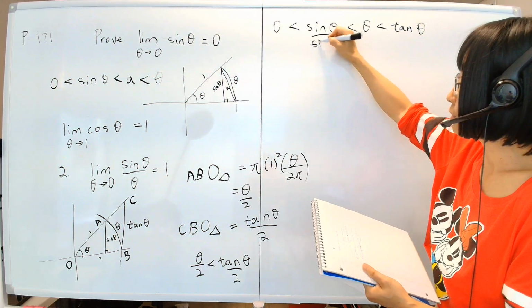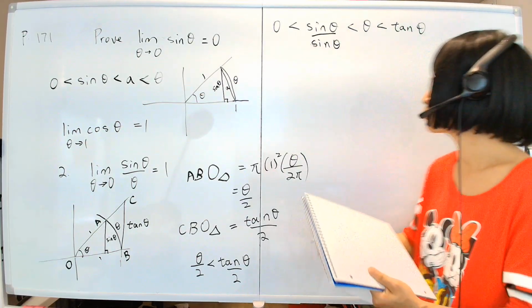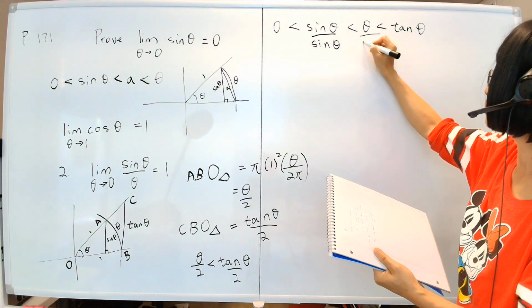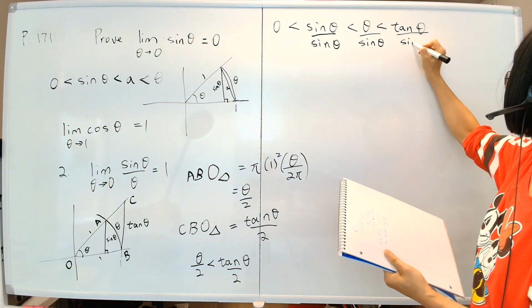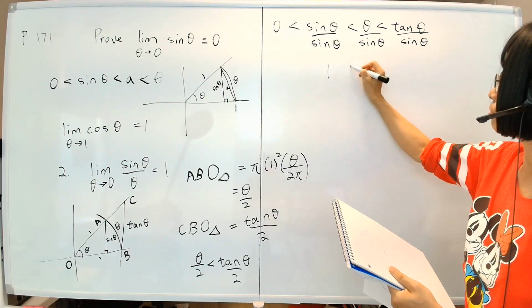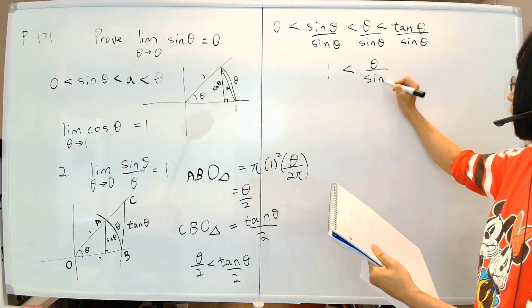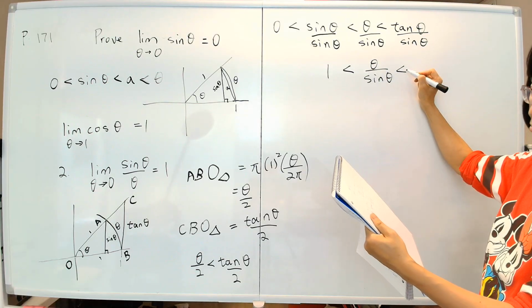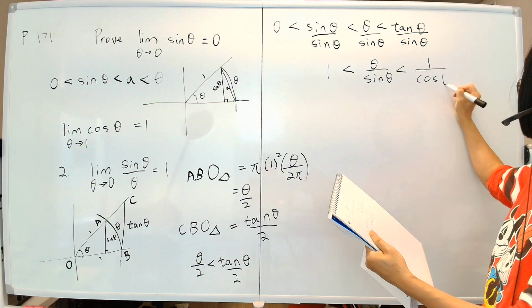Everything is positive here, because our theta is just a regular angle in the first quadrant for simplicity. So we divide by sine theta, and then we get a different inequality that says 1 is less than theta over sine theta, and then less than 1 over cosine theta.